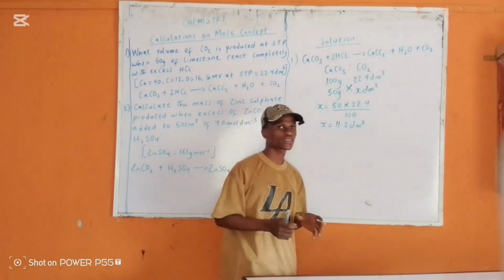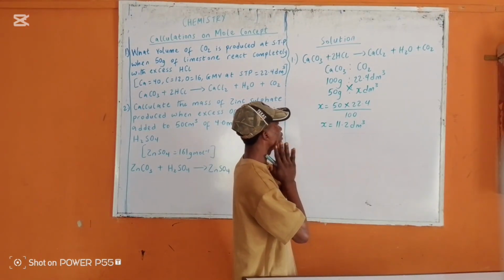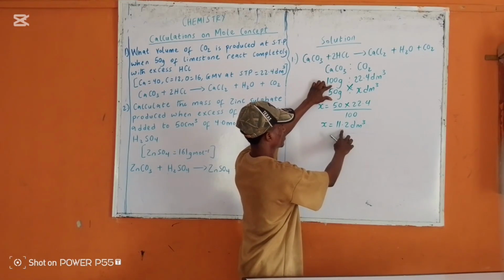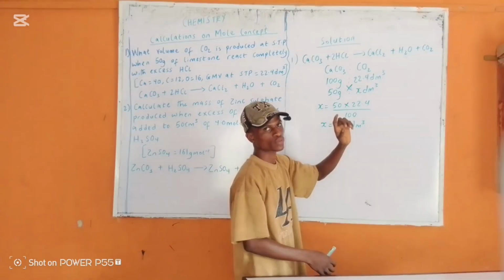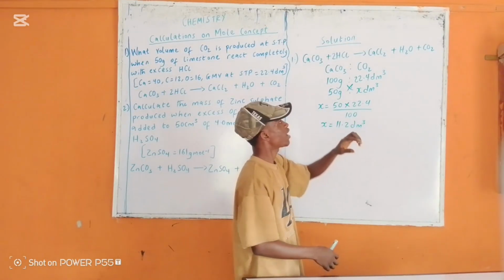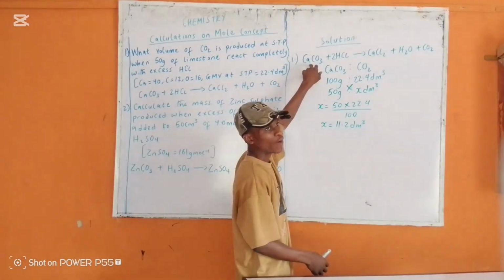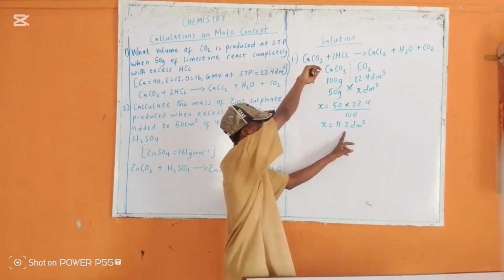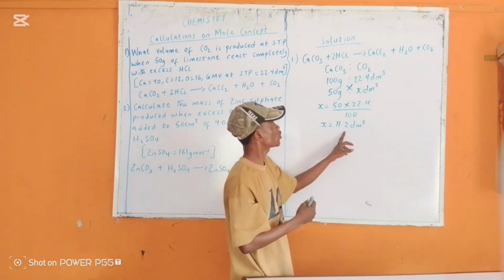So it means that when we make use of 50 gram, we get 11.2 dm cube of CO2 being produced. Now, our equation confirms our answer. How?